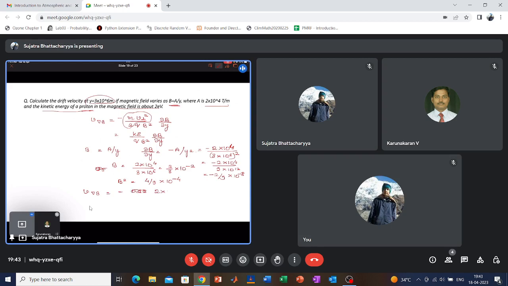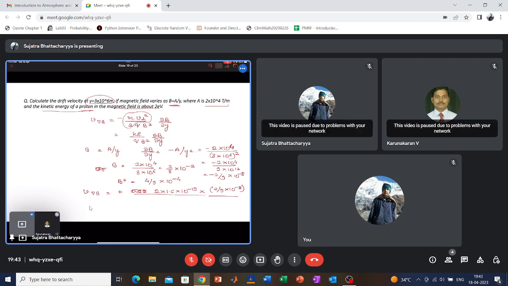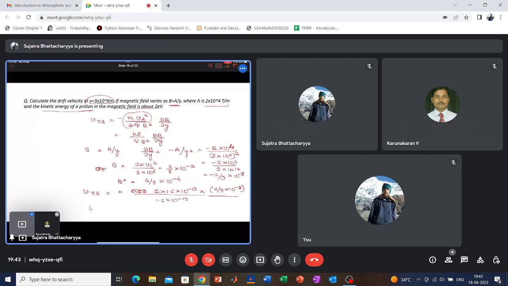So 2 into 1.6 into 10 to the power minus 19 into the delta B by delta Y, that is minus, minus you cancel, 2 by 9 into 10 to the power minus 8 divided by, you have the charge which is about 1.6 into 10 to the power minus 19 and the B square.